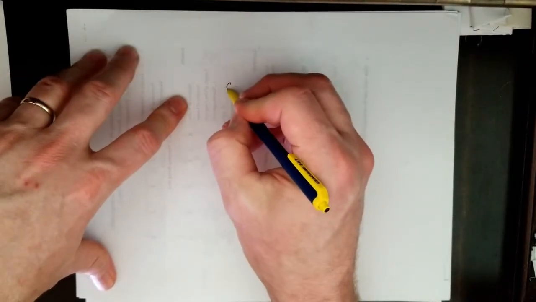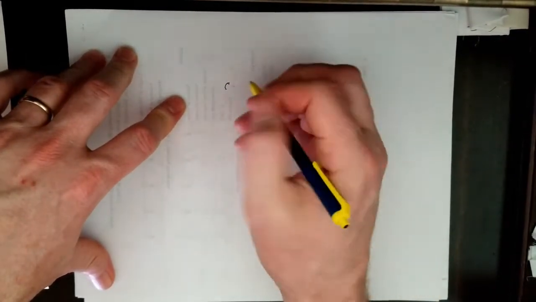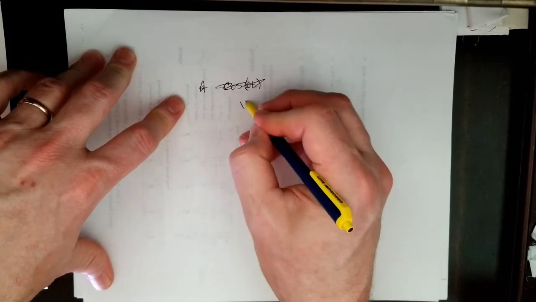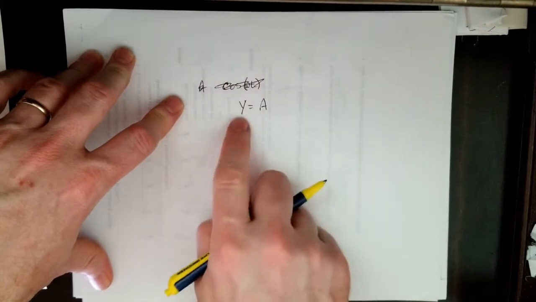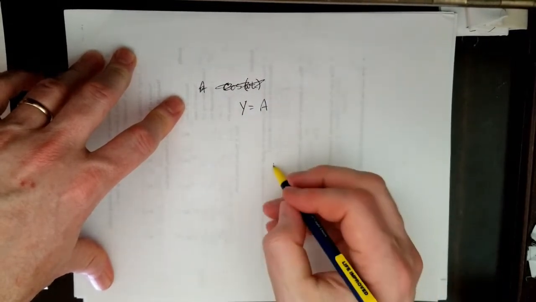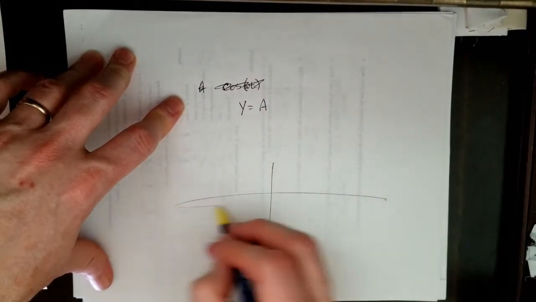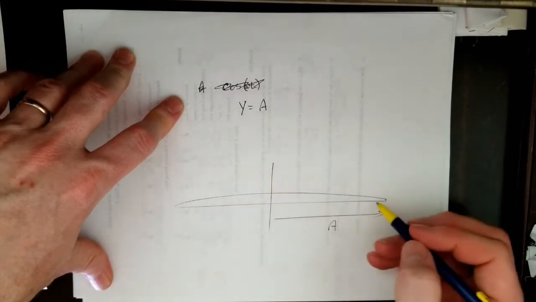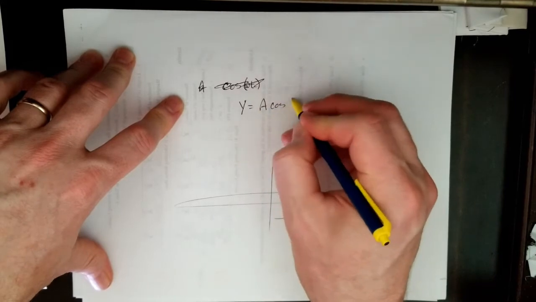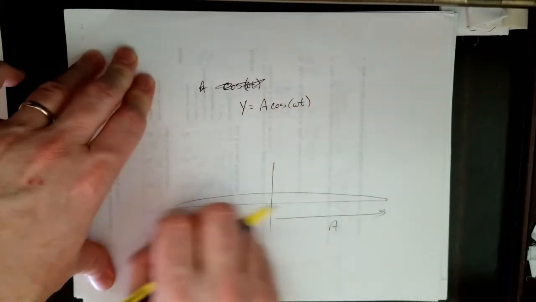So I start here, go to the other side and back. My amplitude, y is equal to whatever my initial amplitude is, how far I am from 0. If that's 0 right there and I start here and move back and forth, that's my amplitude. y is just where I happen to be at that moment, times cosine of omega t.